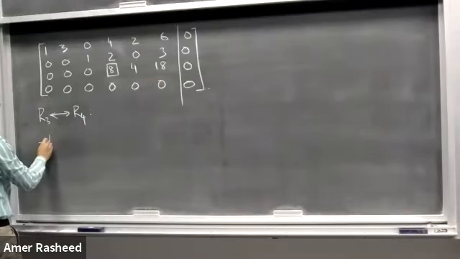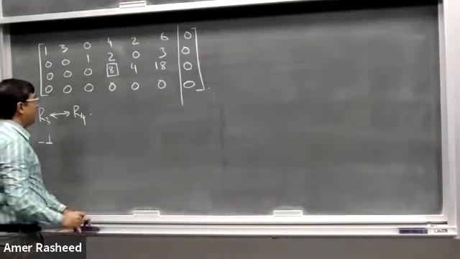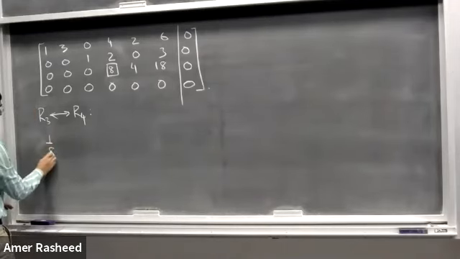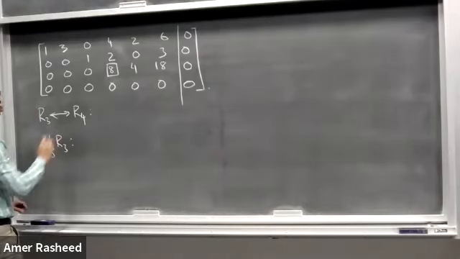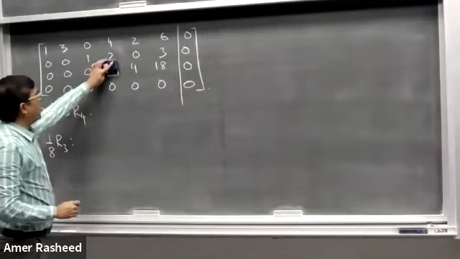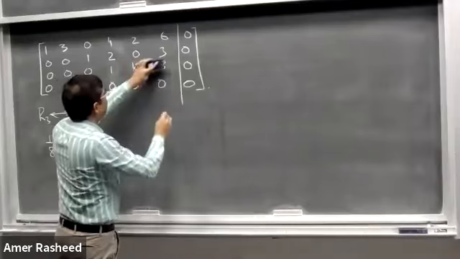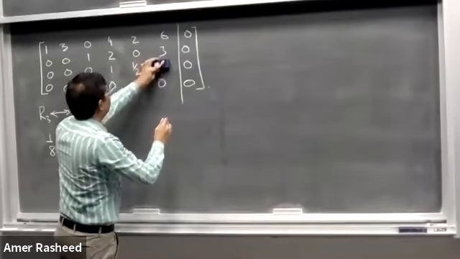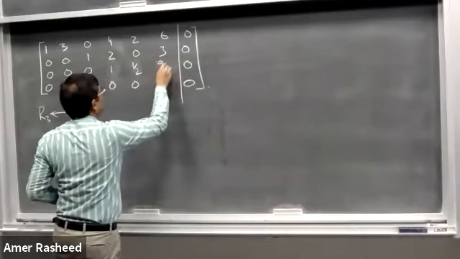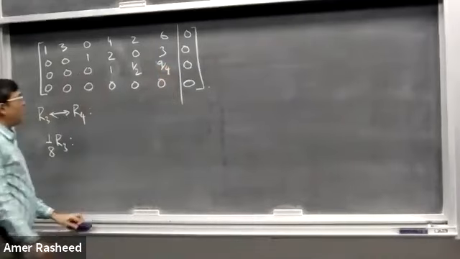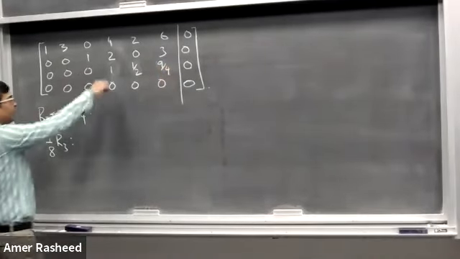So what are you going to do? You are going to multiply row 3 by 1 by 8. So you apply this operation and you get 1 here, 1 by 2 here, and 18 by 8 is 9 by 4. So this is what you have obtained here. Now, this is your 1.